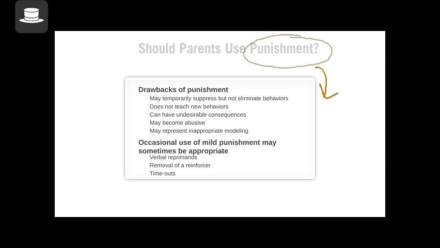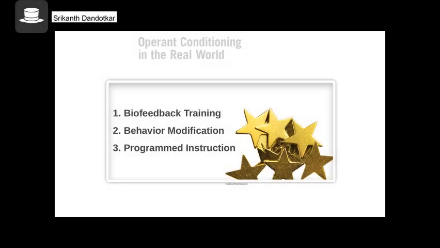Please read the appropriate section from the book chapter. As with classical conditioning, there are several real-world applications of operant conditioning. Examples are biofeedback training, behavior modification, and programmed instruction. I want you to gather more information about these three from the textbook and try to connect these to operant conditioning and the principles of operant conditioning.